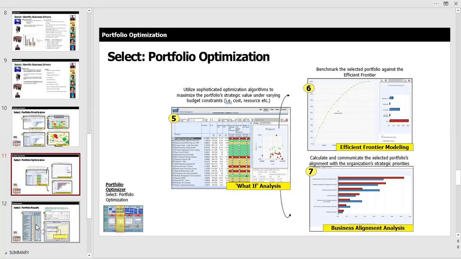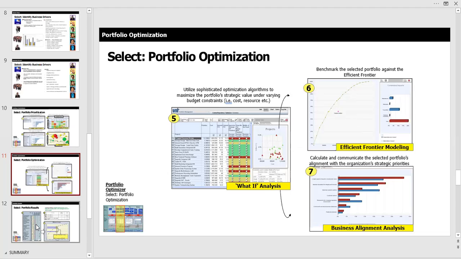And it's been around for a long time. And it's a risk return curve. And what it does is you can start to look at, based on all these other factors, these drivers and your finances and risk, and start to map out where your selected items fall on this particular curve called the efficient frontier.